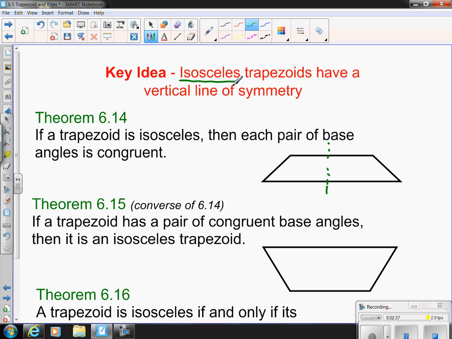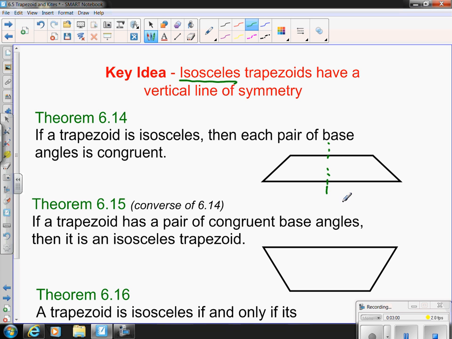So we have some theorems about isosceles trapezoids. If a trapezoid is isosceles, then each pair of base angles are congruent. And the converse is also true: if a trapezoid has a pair of congruent base angles, then it is an isosceles trapezoid.